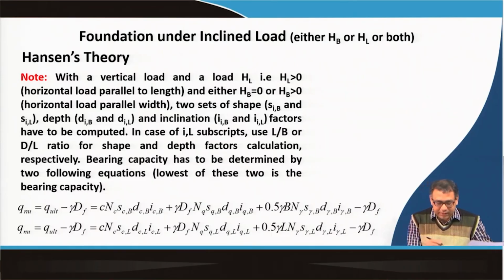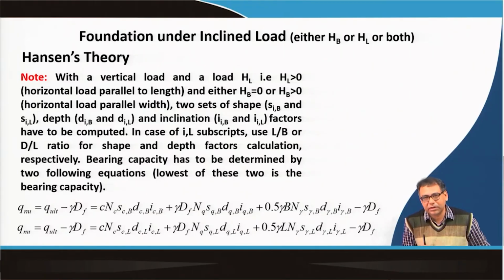But as I mentioned, if I want to use the Hansen theory under inclined load, then only the inclination is not sufficient. We have to know in which direction the horizontal component of the load is acting, whether parallel to L or parallel to B, or in both directions.